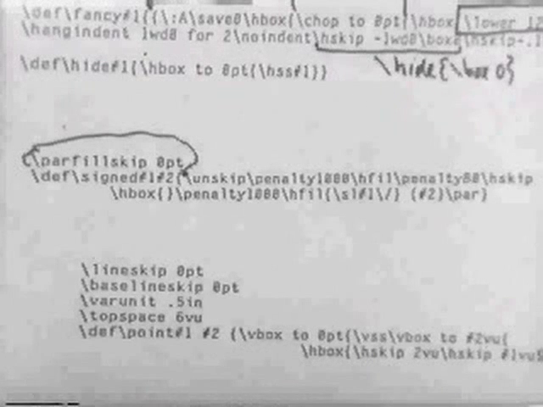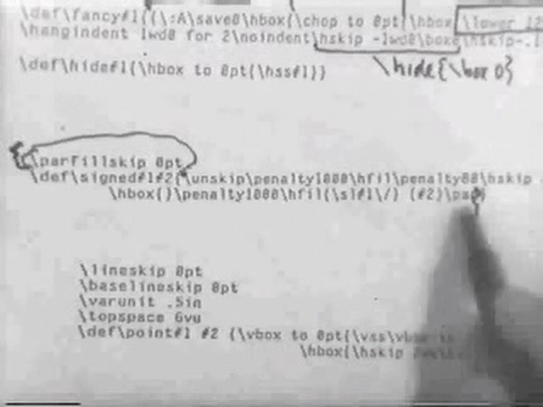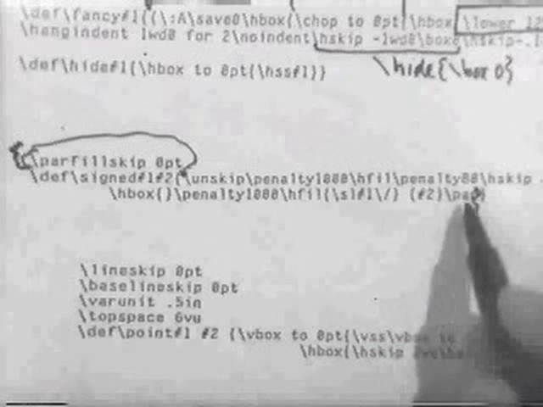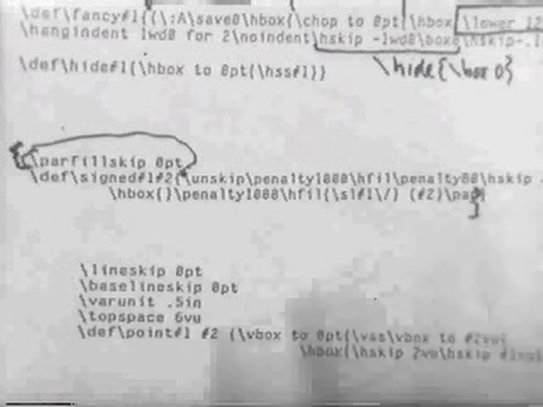I see, to put this in here and then put groups before and after. Yeah, that's right, Lynn. Yeah, I think so, because the parfillskip will go away at the end, but during the time the \par will eject the paragraph and set the lines. That would do it. Yeah, the computer will tell us for sure.